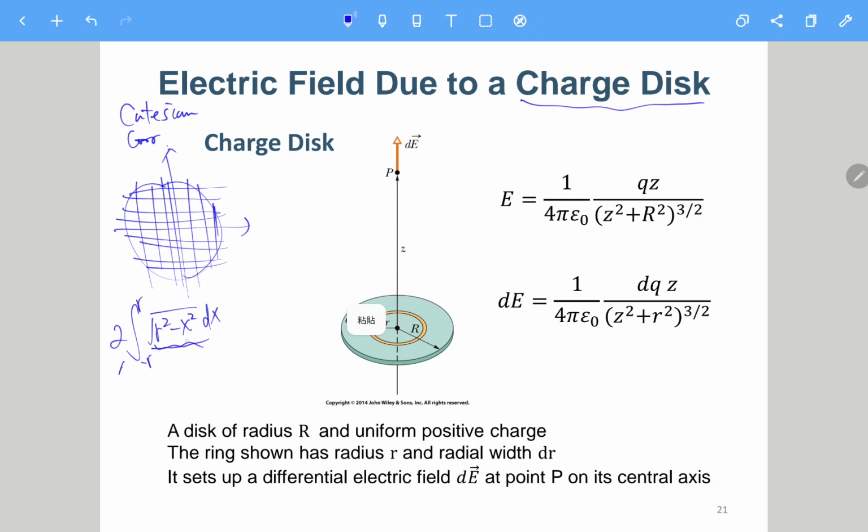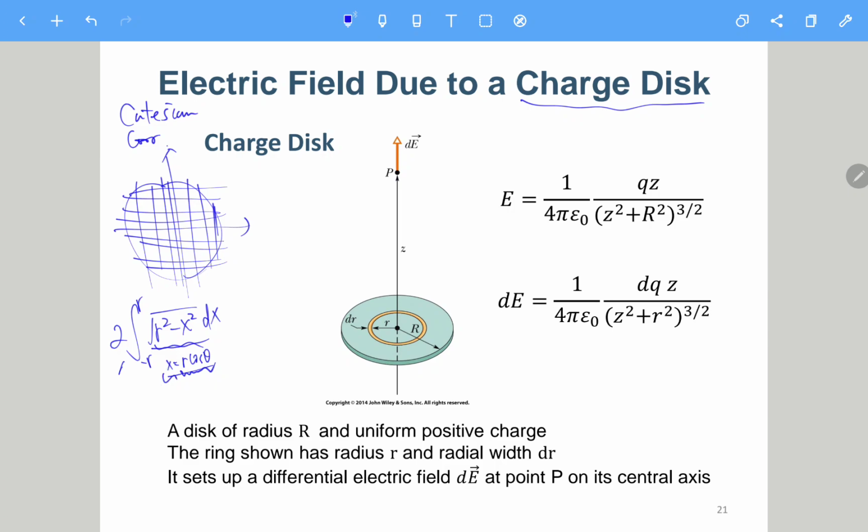to calculate, because you need to do some change of variable, like x equals r times cosine theta. Change of variable actually means going from the Cartesian coordinate to the polar coordinate.